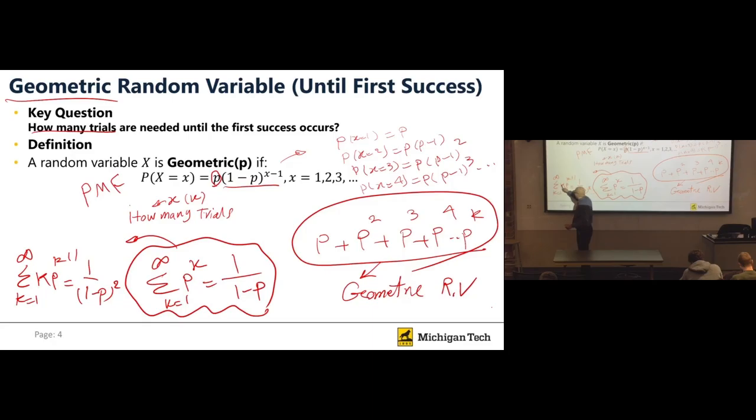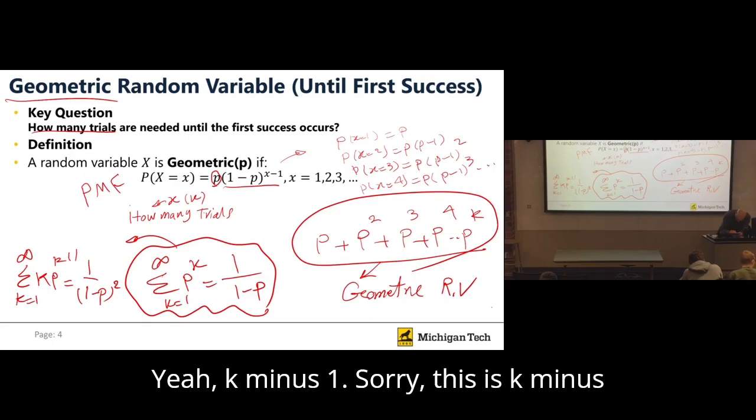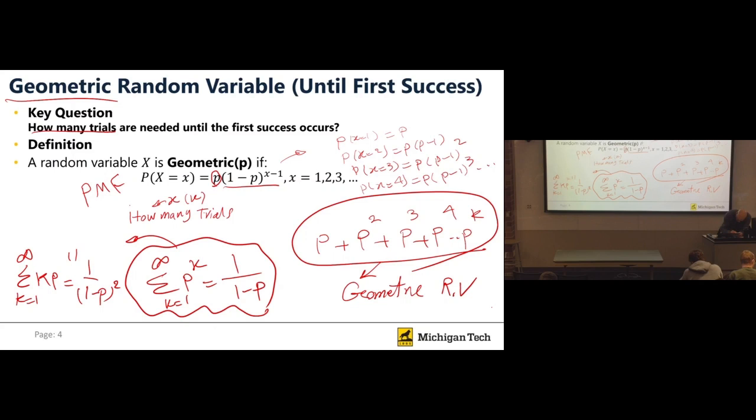for example, k times (k minus 1), sorry, this is k minus 1. Okay.